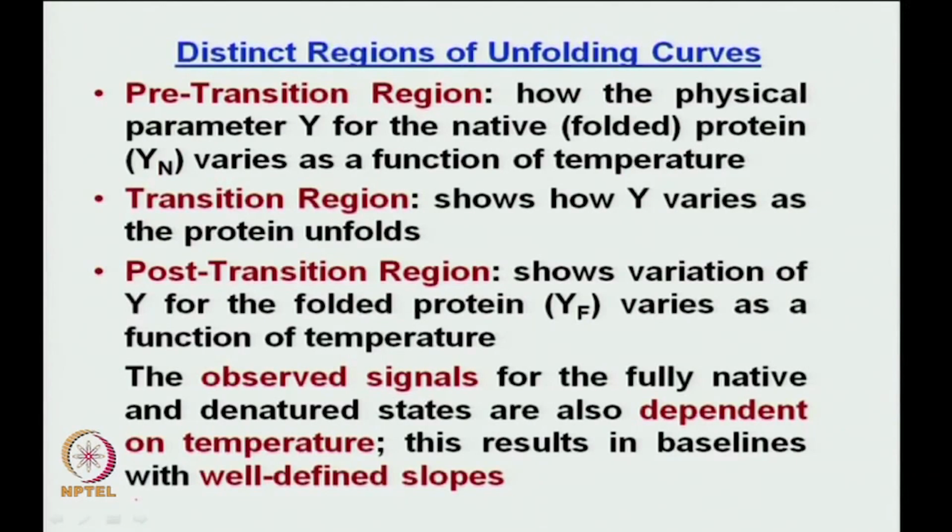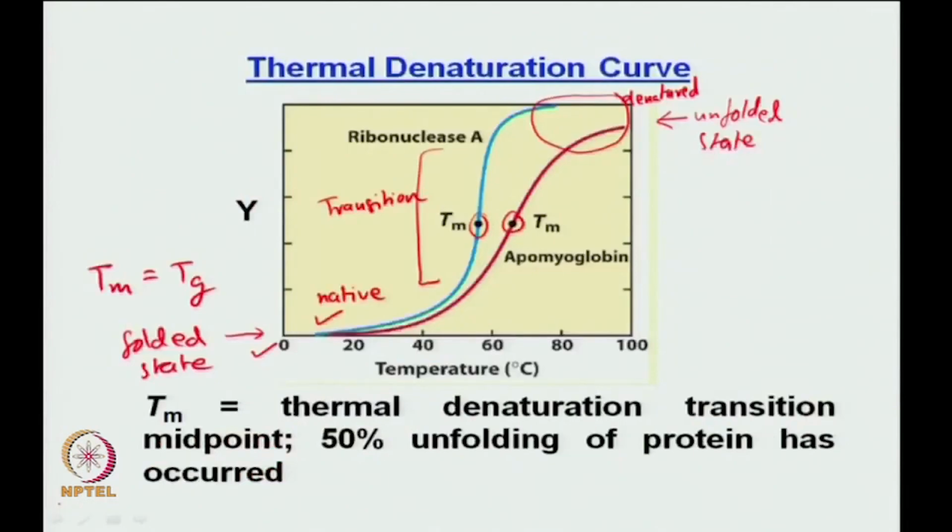But look at one thing, if you see this area, I can say this is typically my pre-transition region. But do you not see one thing, that even in this pre-transition where it is mostly folded protein, your baseline is not actually parallel to the x axis.